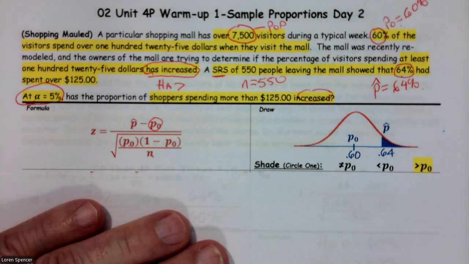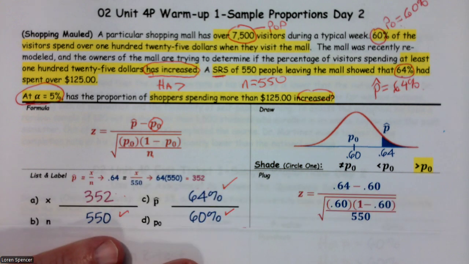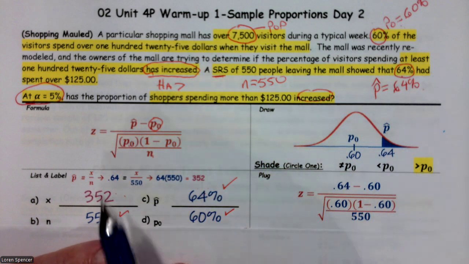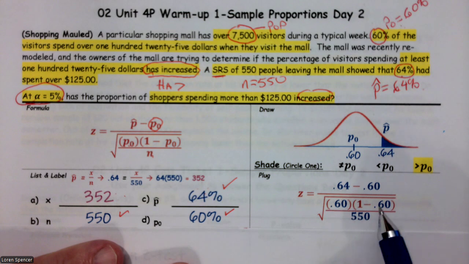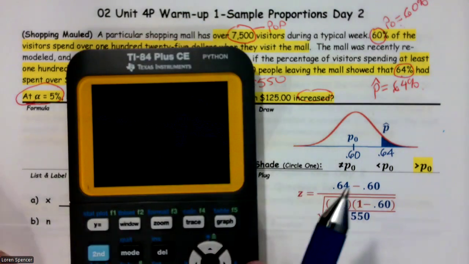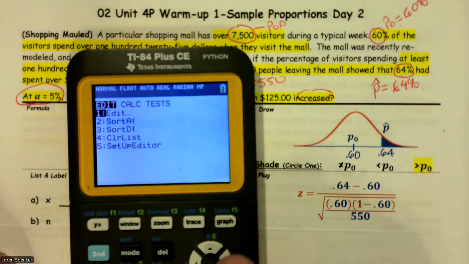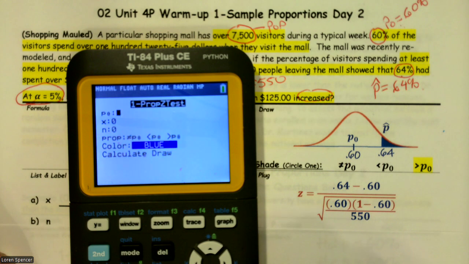Okay, so we go ahead and start plugging all our information in. And as I said earlier, we didn't even need the 352 to plug into the formula. However, it's going to be really important on the calculator. And so here we go. All right, on the calculator, stat, test, drop down to one proportion Z-test, which is number 5.